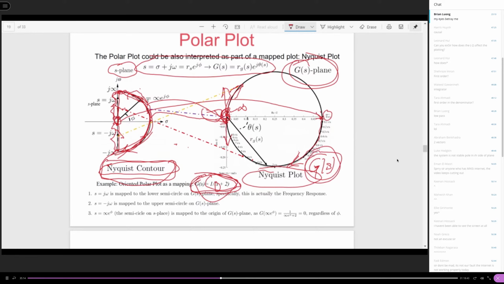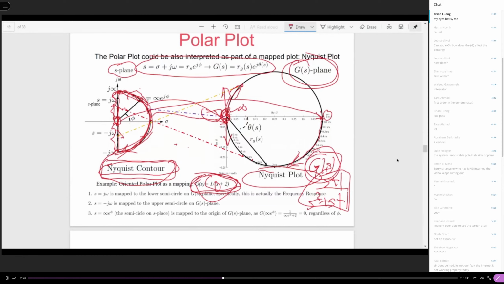If the G of s transfer function is strictly proper, which means the numerator's order is lower than the denominator's order. Another example is this one: the numerator has a power of 1 and the denominator has a power of 2, right?